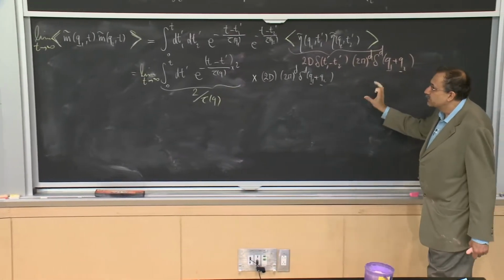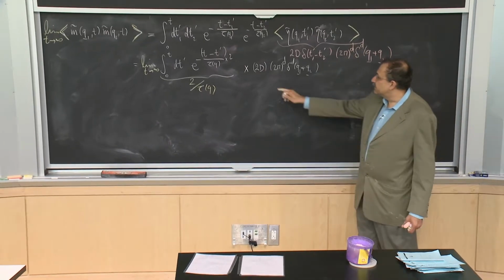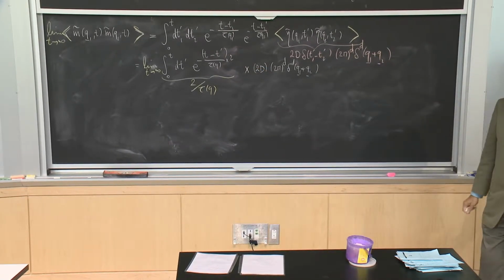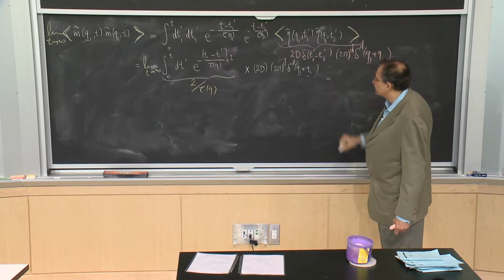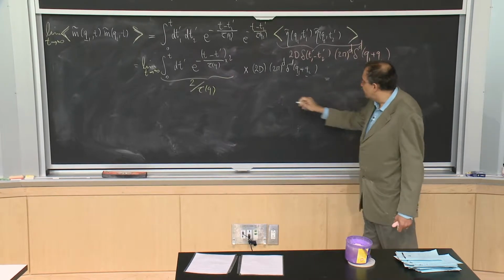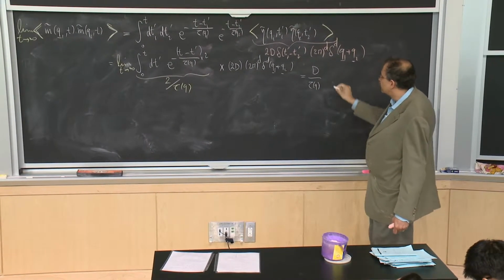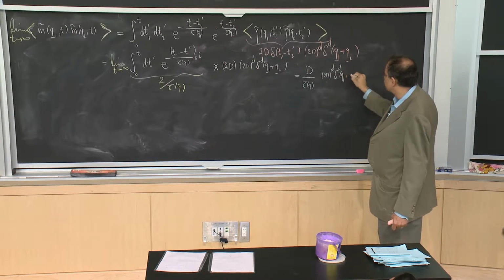Right. So for the time being, this d is just the same constant as we have over there. Okay? So you can see that the final answer is going to be d over tau of q, 2 pi to the d delta function q1 plus q2.